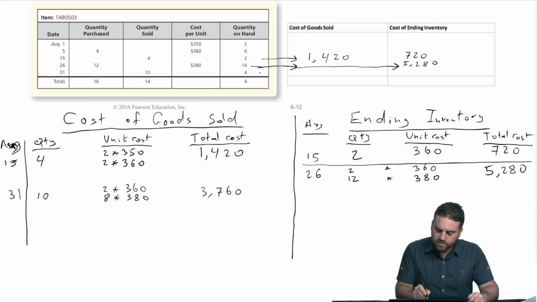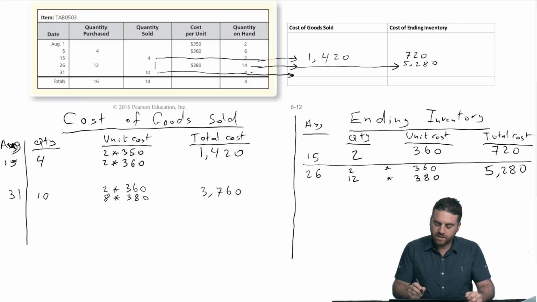Okay, so we'll go back to the table above. I would say those 10 units, and here, let me just expand that out a little bit so that makes it clear. The 10 units cost us 3,760.